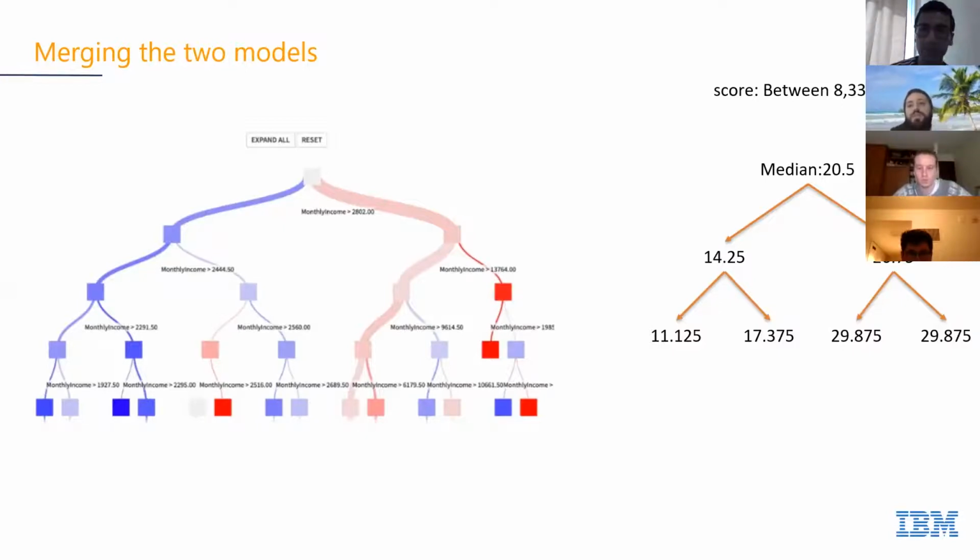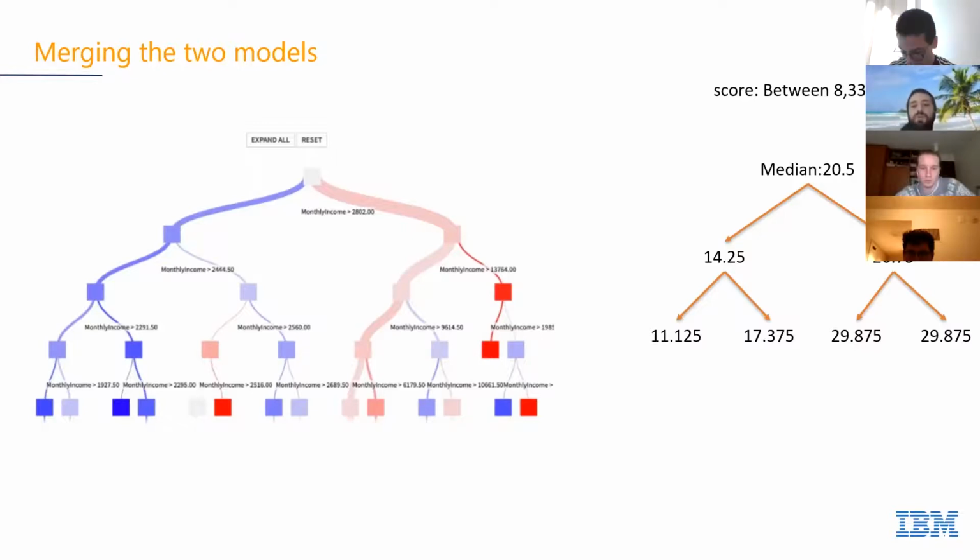As you can see, the minimum score is 8 and the maximum score is 33. So the median is 20.5 on the first branch. That means that if a person has a score higher than 20.5, he should be making more than 2,800 monthly income. The same happens when you go lower. The second median would be 14.25, which is the average of 8 and 20.5.